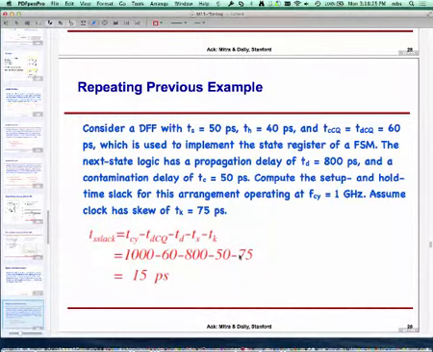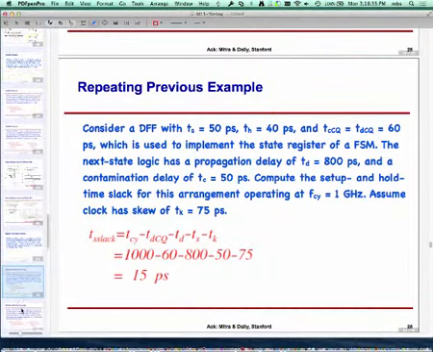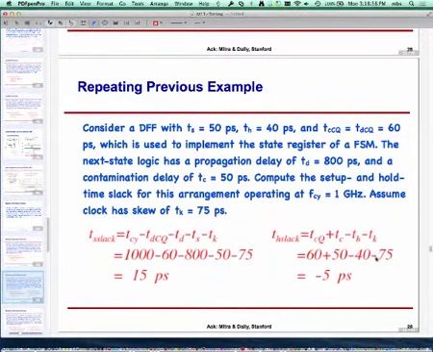What was my slack previously was 90 picoseconds for the setup time. Now it will be reduced by that much, so I will have less slack available. And likewise, the hold time slack would also go down. In fact, the hold time will be violated.